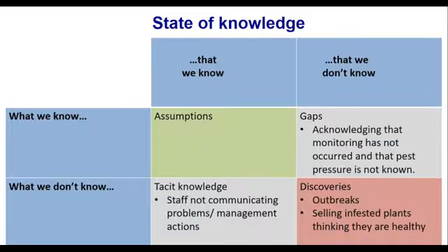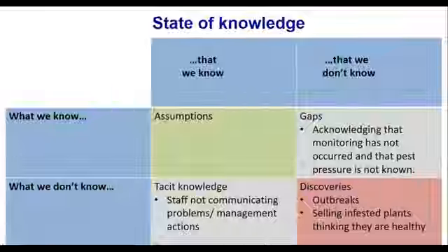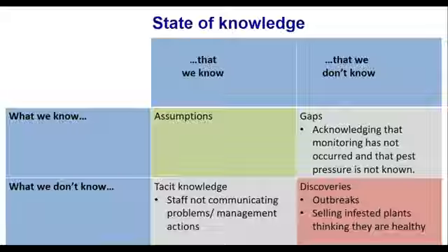What we know that we don't know. Okay, so we acknowledged that we haven't managed to get out there and look at those plants. So we know that that's a space that's a risk. We know that we don't know what's going on there. We're going to mitigate that risk by going and having a look or sending someone else to go and have a look or some other action to make sure that your plants are healthy.